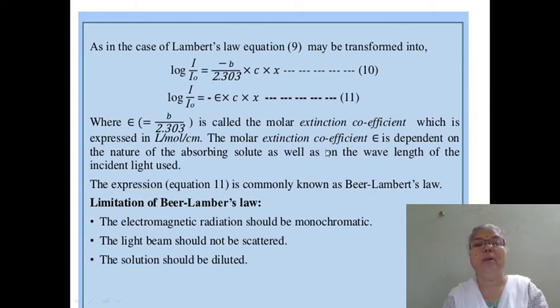It is called the molar extinction coefficient, which is expressed in liter per mole per centimeter.